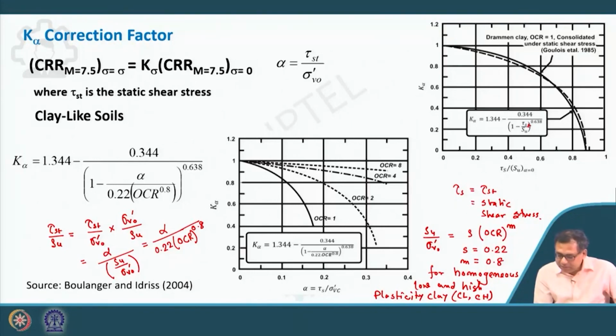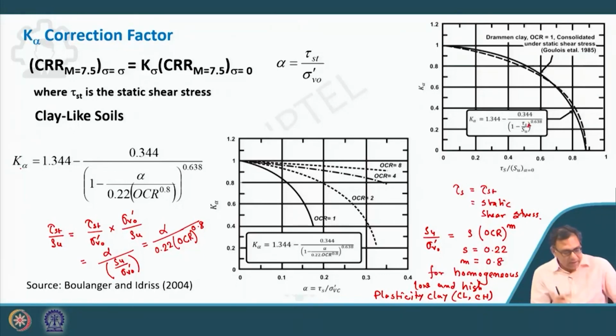So now it is written here as 1 minus alpha divided by 0.22 OCR to the power 0.8. And then these charts are developed for other OCR values. If OCR is 1, this chart is the same as this one. So for normally consolidated clay, you should use this one. For overconsolidated clay, these other charts should be used to calculate the K alpha.